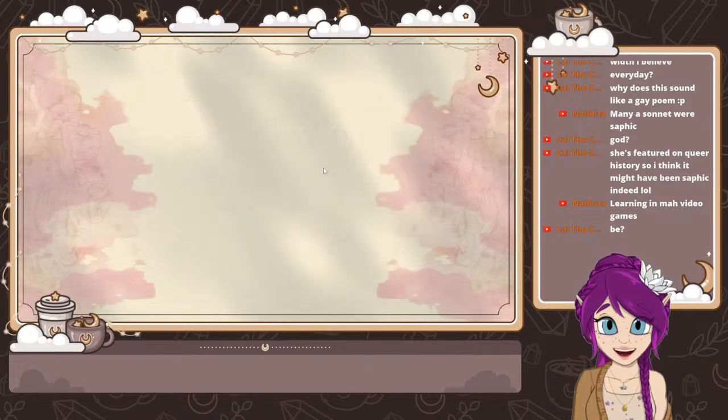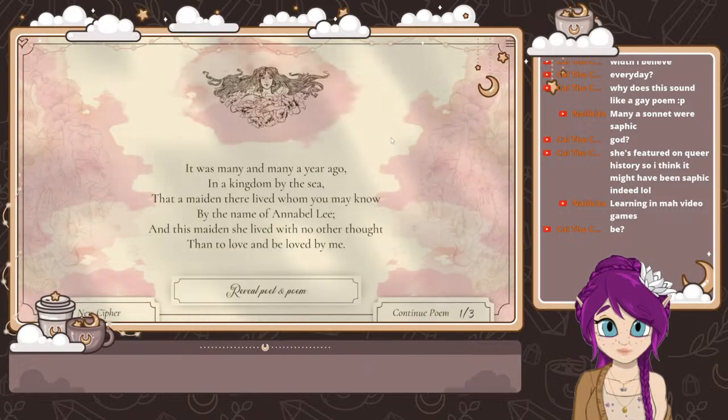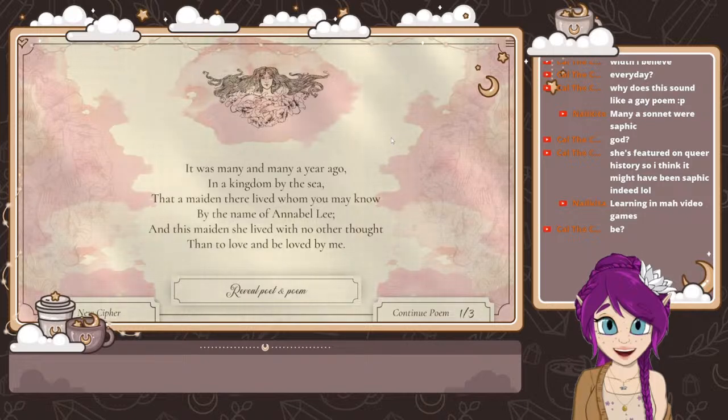Oh, geez, that was an accident. It was many, many a year ago, in a kingdom by the sea, that a maiden there lived who you may know by the name of Annabel Lee. And this maiden, she lived with no other thought than to love and be loved by me.